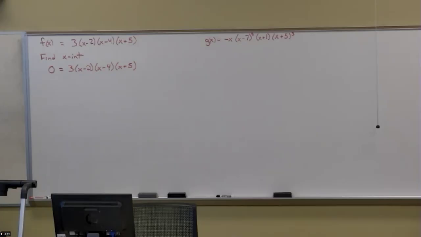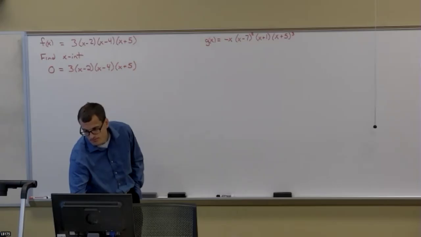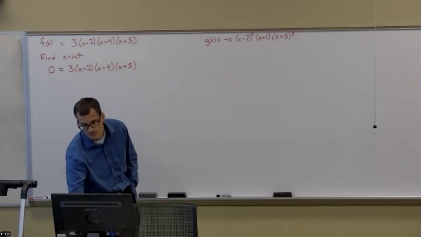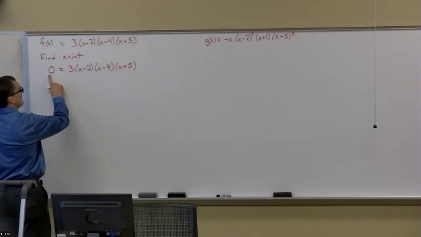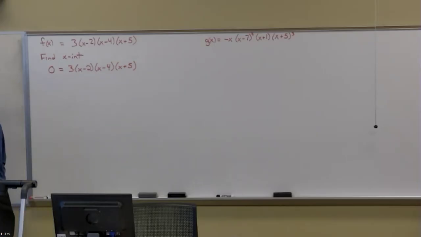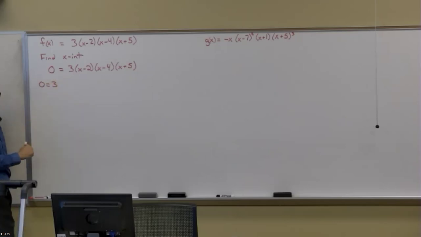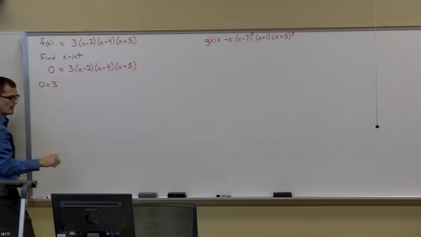And then use that 0 factor property to say, well, this would be true if any one of these 3 or 4 factors is 0. I say 3 or 4 because if I set 0 equal to 3, that's obviously not true, so that's never going to work.